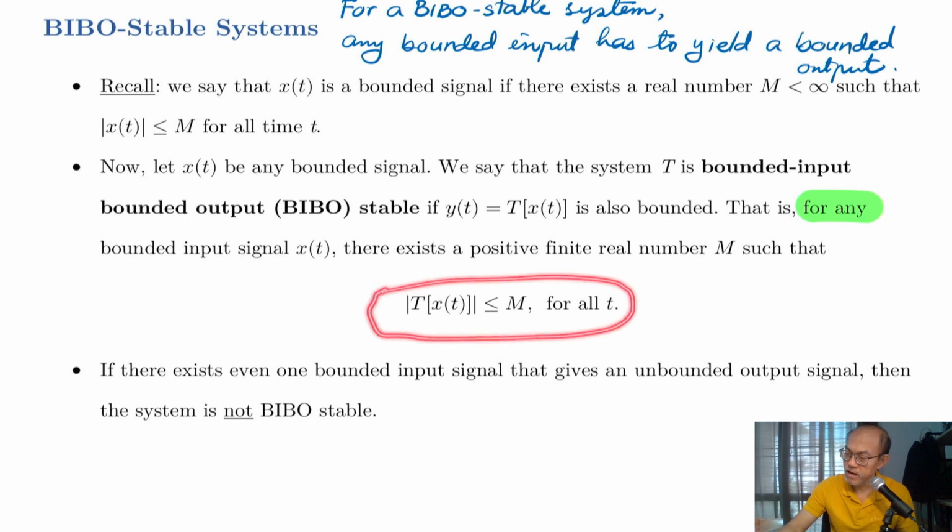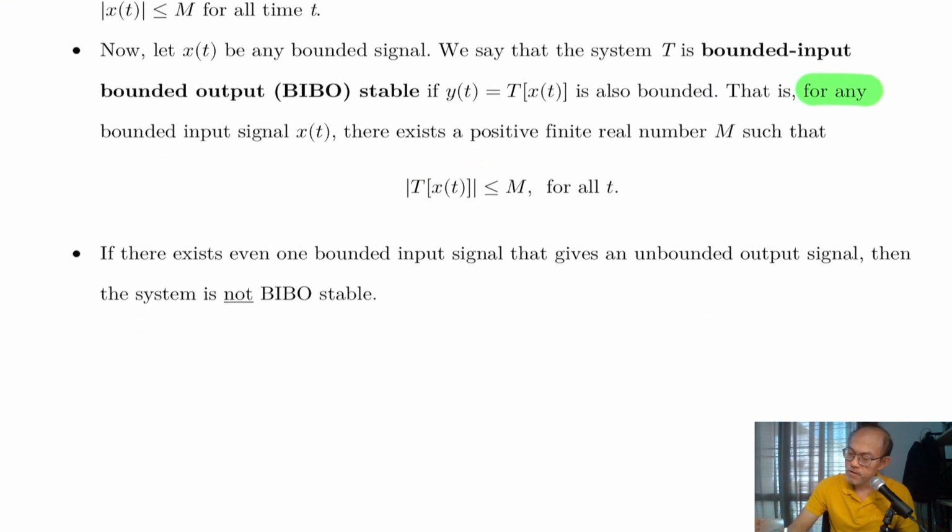So if you have a bounded input, the output would have to be bounded as well. If there exists even one bounded input signal that gives an unbounded output, then the system will not be BIBO stable.